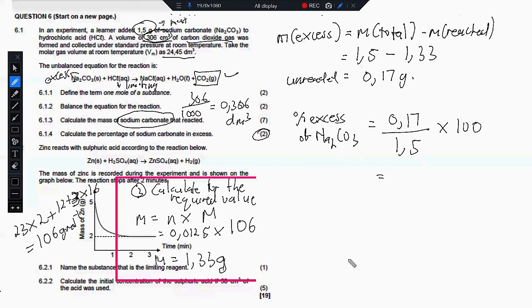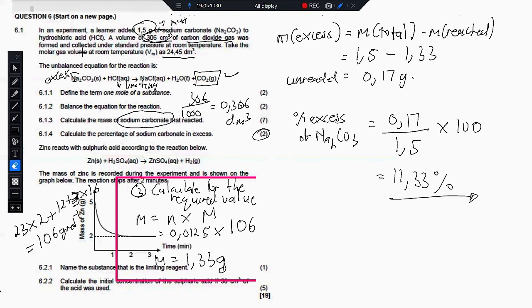And then when you punch that into a calculator, you get 11.33%. So that becomes the percentage of the sodium carbonate in excess. So note how we did that one.